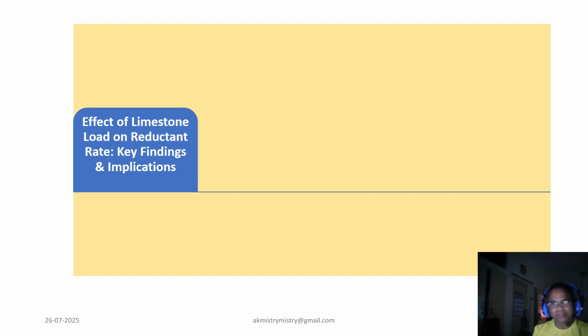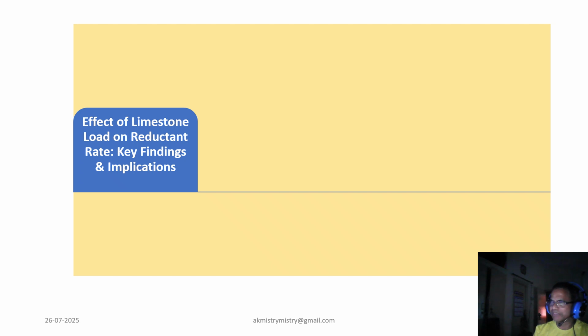And this presentation part is going to cover the implication of, or we can say, the effect of limestone load on reductant rate, which is a very important aspect. In this section we are going to explore how limestone addition in blast furnace burden affects reductant rate, slag basicity and overall energy dynamics.